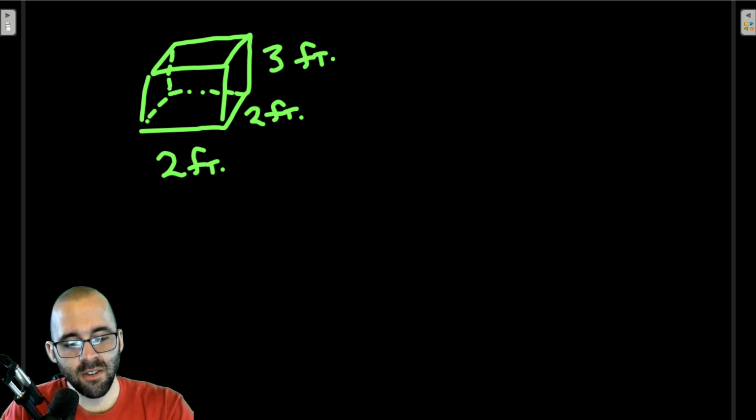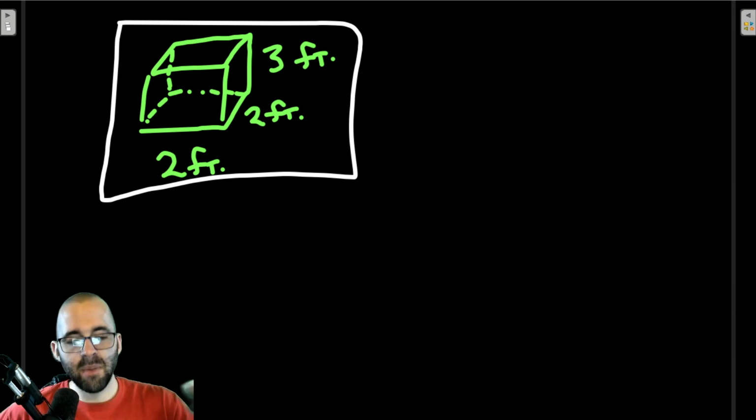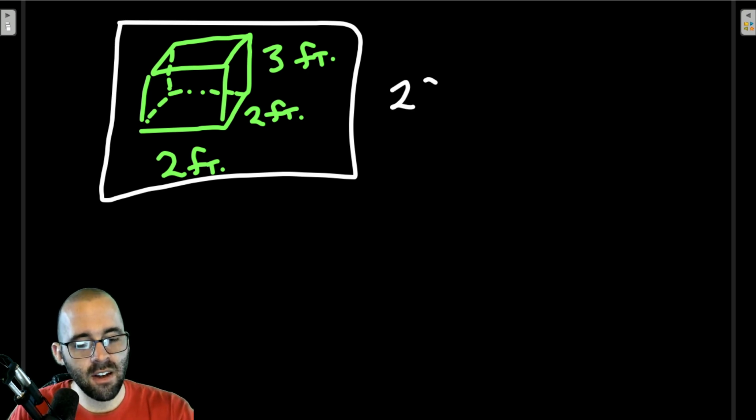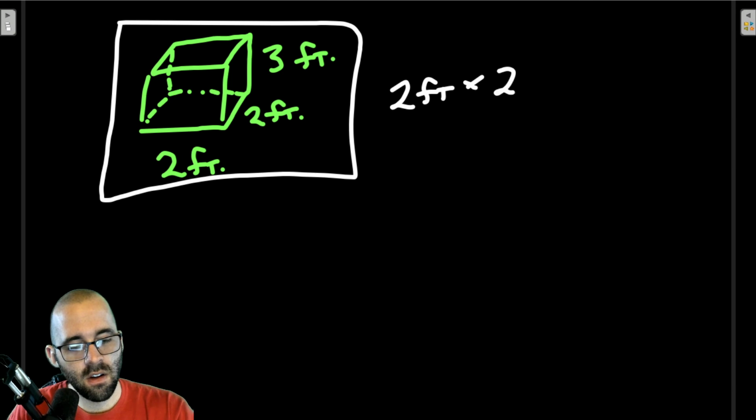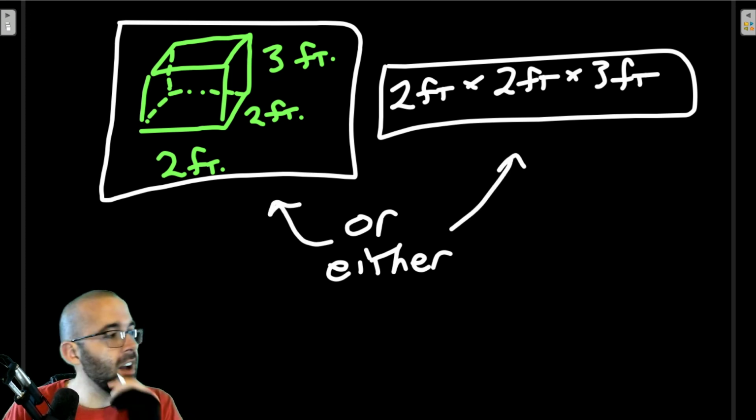And this is our final answer right here. You could also say the box is 2 feet by 2 feet by 3 feet, if you wanted to say that. That's okay as well. Either one works for an answer.